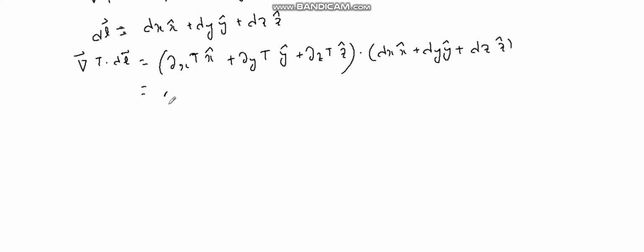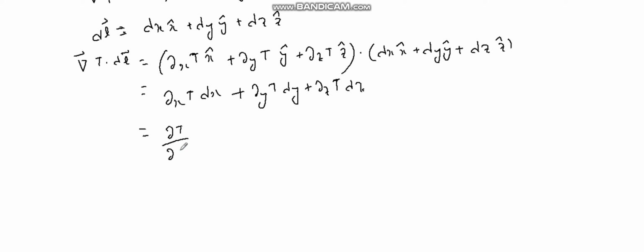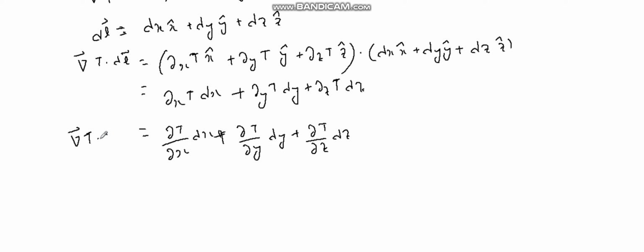The final equation will become like this: del x t dx plus del y t dy plus del z t dz. Now we can also write it like this: dt by dx dx plus dt by dy dy plus dt by dz dz, which is equal to the gradient of t dot dl.